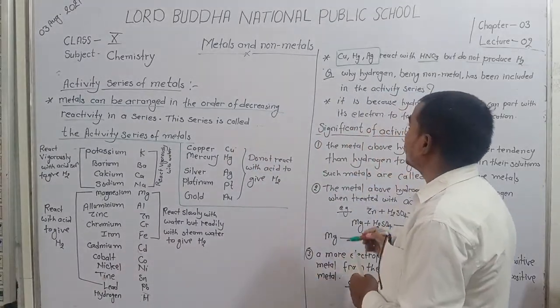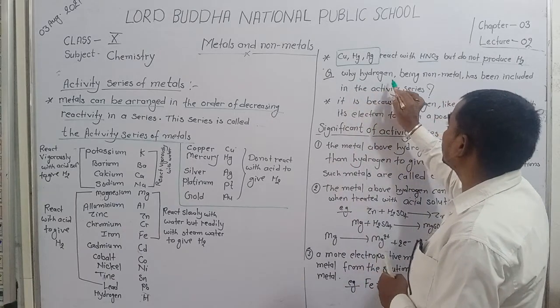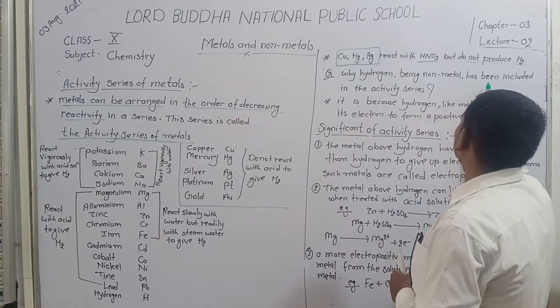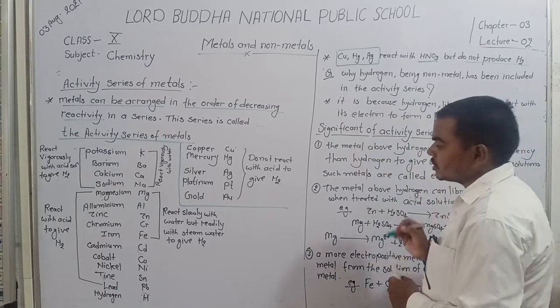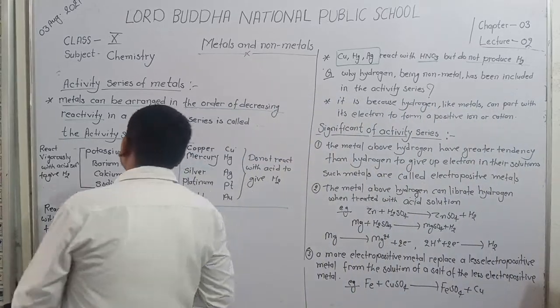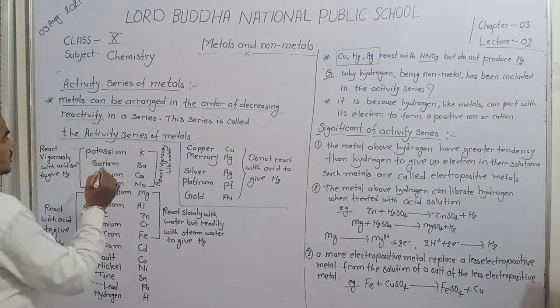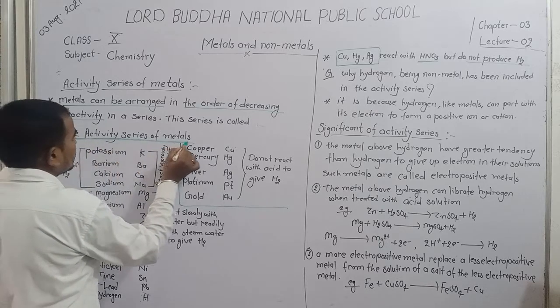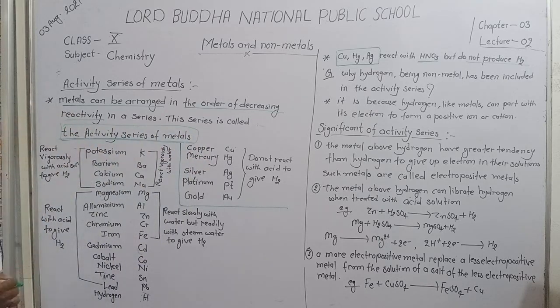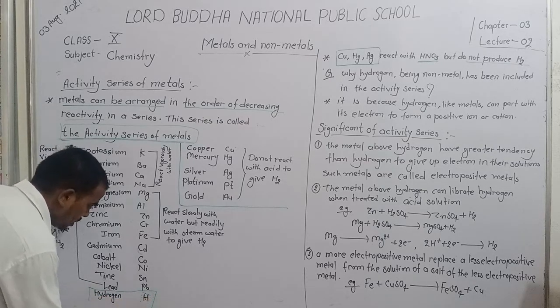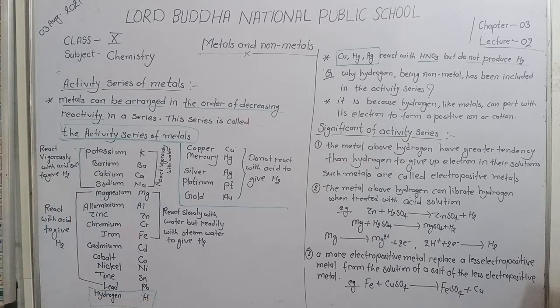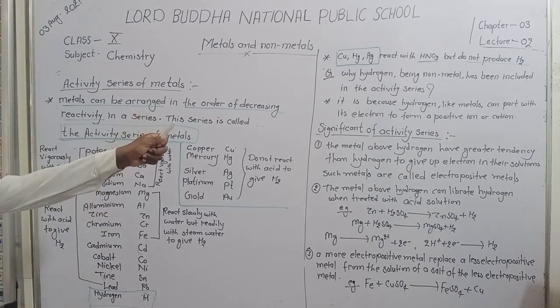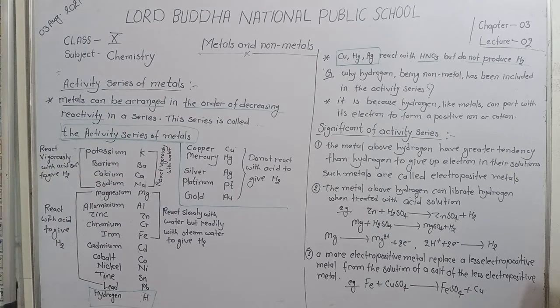Here a question arises: why has hydrogen, being a non-metal, been included in the activity series? This series is known as the activity series of metals, but here an element is placed that is not a metal, that is hydrogen.